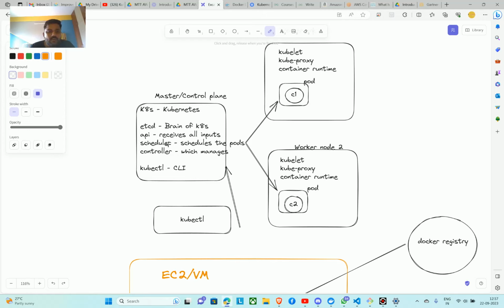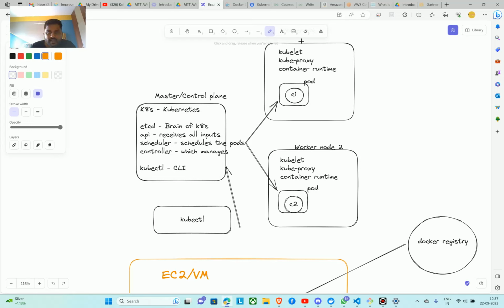But now you have to schedule the pods in the worker nodes. The scheduler will talk to the API and it will talk to the kubelet. kubelet is the service running on the worker nodes, responsible for running the pods inside the worker nodes. This component will be there in every worker node.